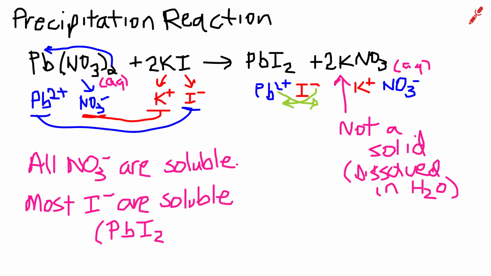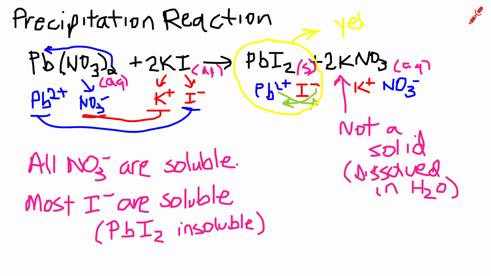So PbI2 is insoluble. It's an exception to the rule. And so the KI is aqueous, but the lead(II) iodide is a solid. This lead(II) iodide is the yellow solid that we would see form.